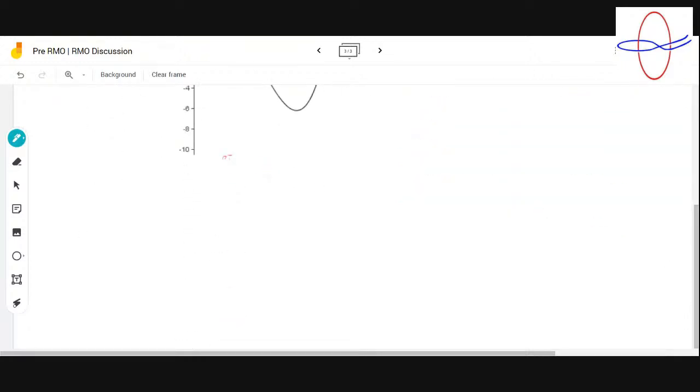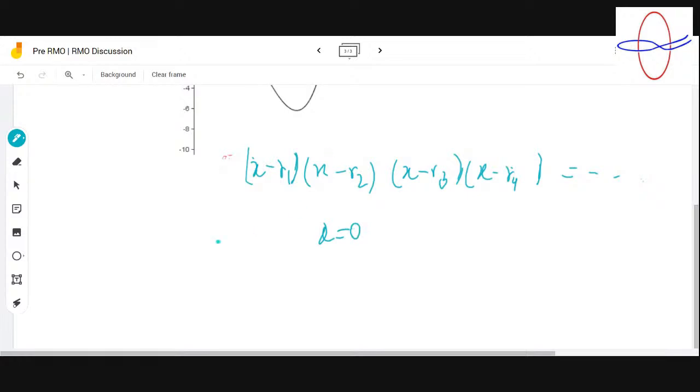So P of 0: if you write x minus alpha, or let's say R1, R2 are the roots, P is equal to that equation. Now if you put x equal to 0, you get D, right?